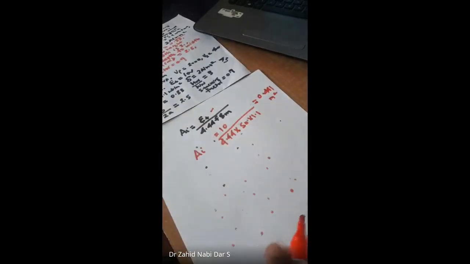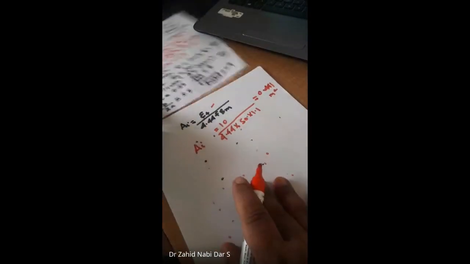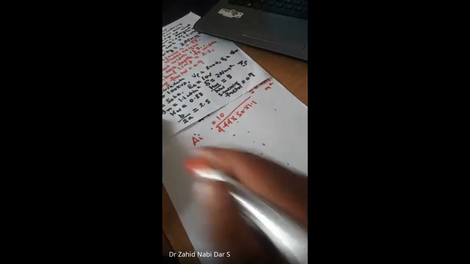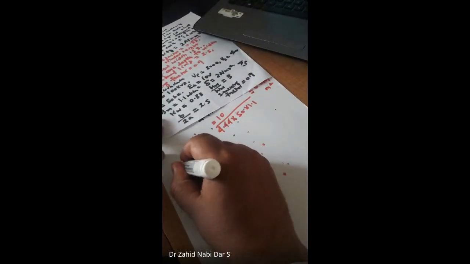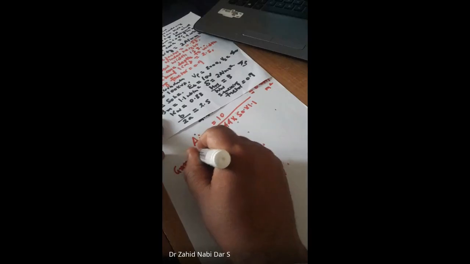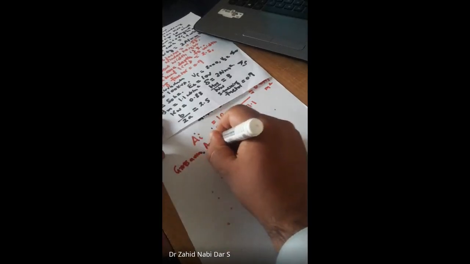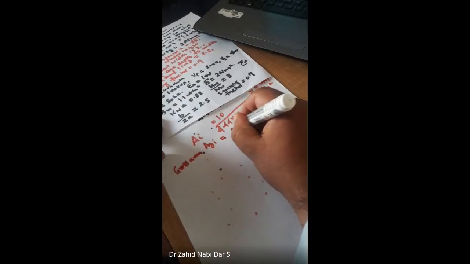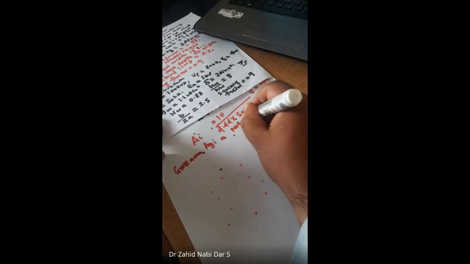This is the problem, and these are the given details. If you need to calculate the gross area, AGI, it is net area divided by your stacking factor.